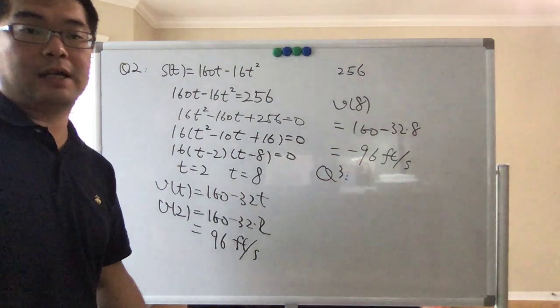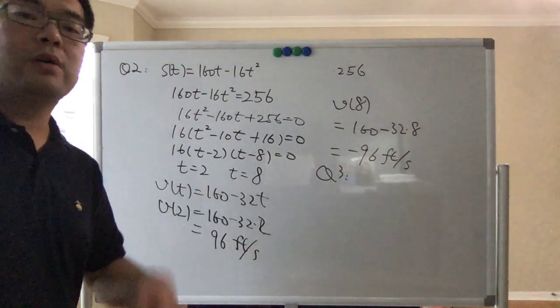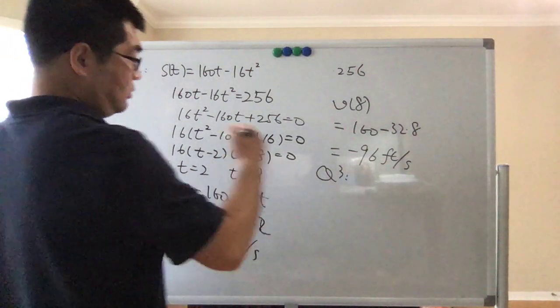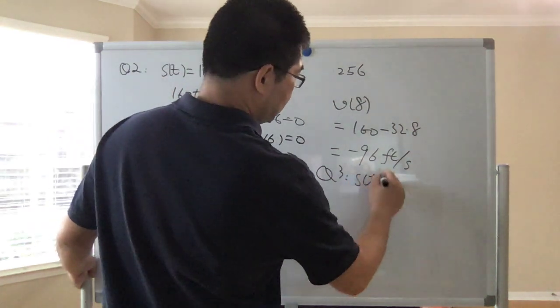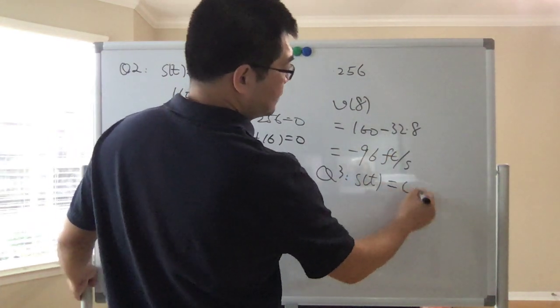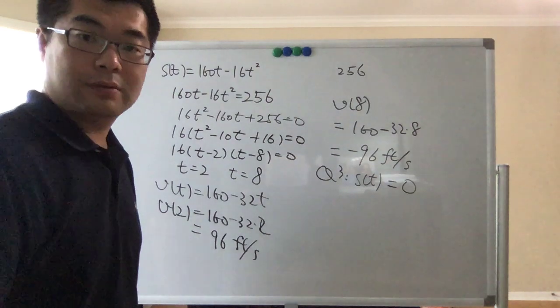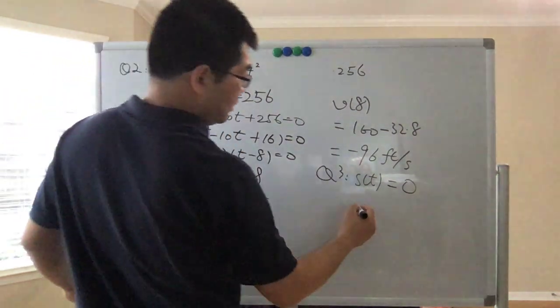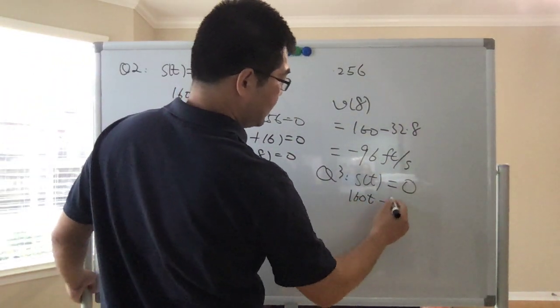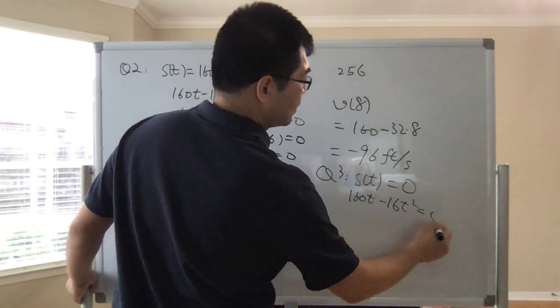And then after a certain time, it hits the ground. So how do we find that? The rock hits the ground when the height equals 0. Correspondingly, 160t minus 16t squared equals 0.